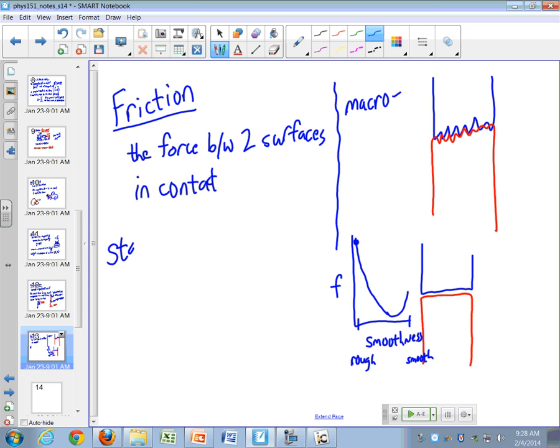There is static friction, and then there's kinetic friction. Static friction acts on stationary bodies.